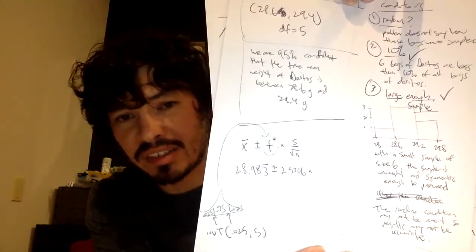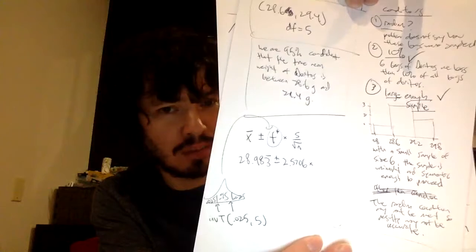The s is the standard deviation of the sample, which we can get from one variable stats, where we got the sample mean from. The sx, that's what we want, the standard deviation of the sample, which is 0.3601. 0.3601 over square root n, over square root 6.